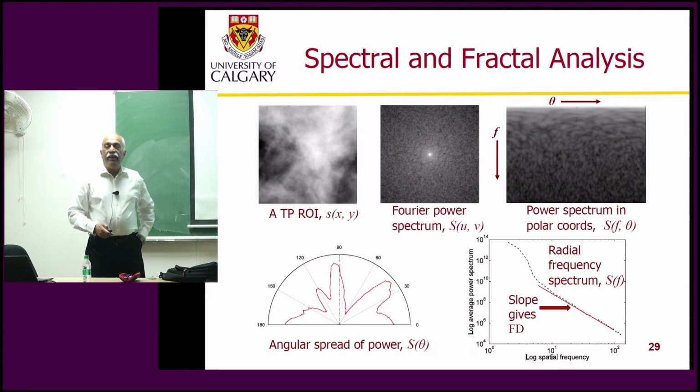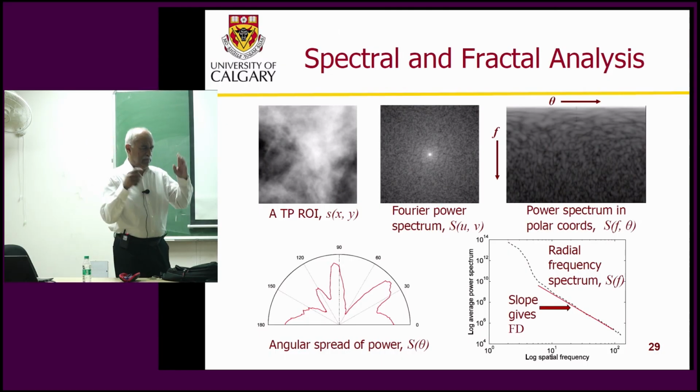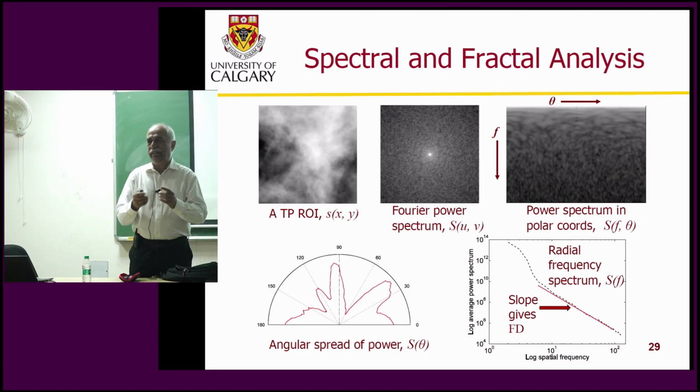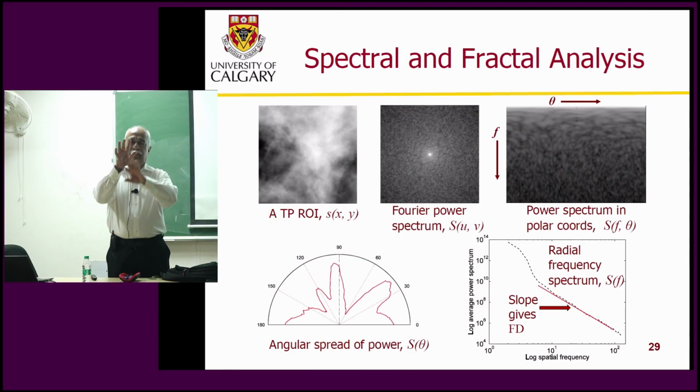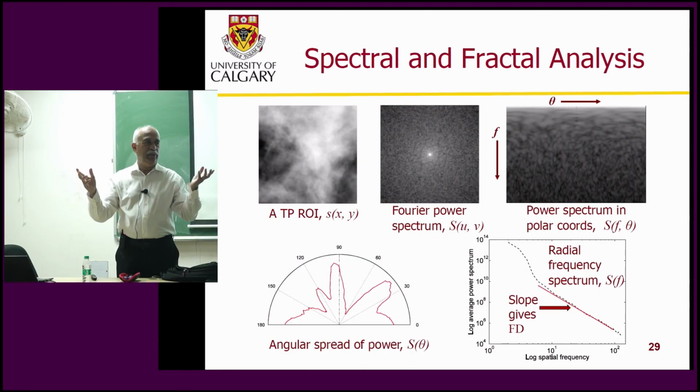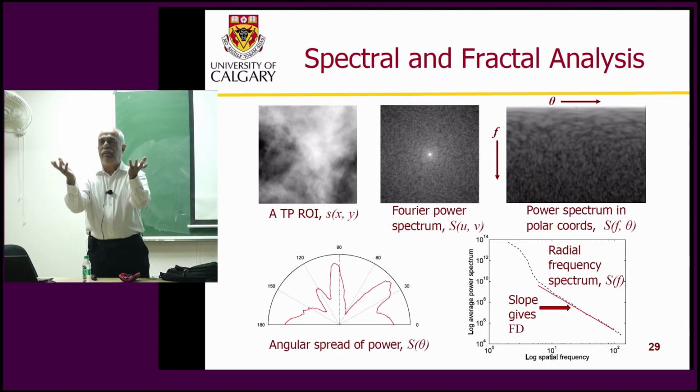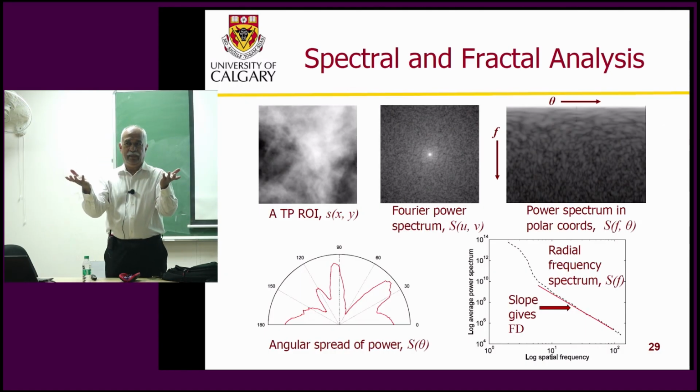And then spectral and fractal analysis. We want to get angular distributions of everything. Whatever kind of feature we can detect and relate to architectural distortion, make that a function of angle and get an angular spread. If there are tissues at various angles, then it will be some randomly distributed, maybe uniformly distributed spread of energy versus angle, like a rose diagram.